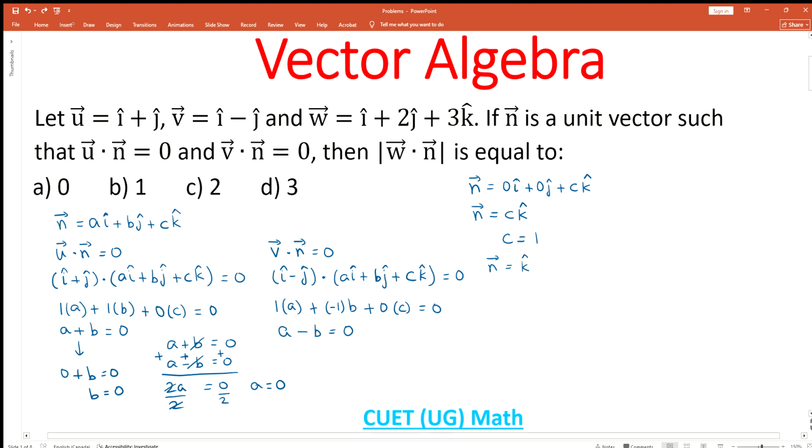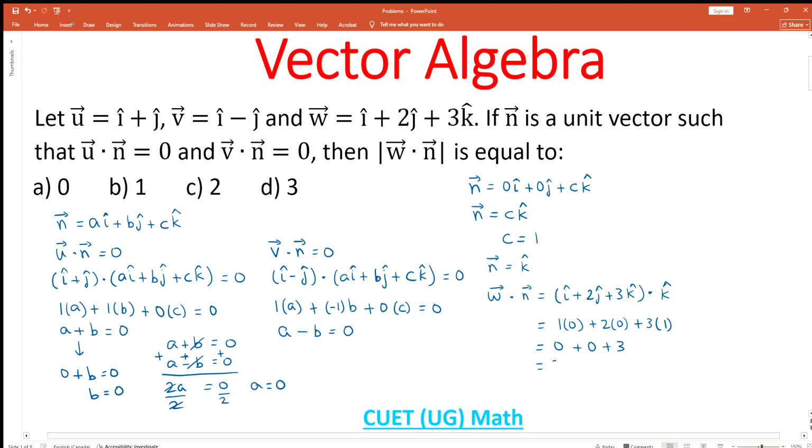Now we can calculate the dot product for vectors w and n. Vector w is i plus 2j plus 3k dot k. The i and j components of vector n have coefficient 0. So the dot product is equal to 1 times 0 plus 2 times 0 plus 3 times 1. 1 times 0 is 0, 2 times 0 is 0, 3 times 1 is 3.